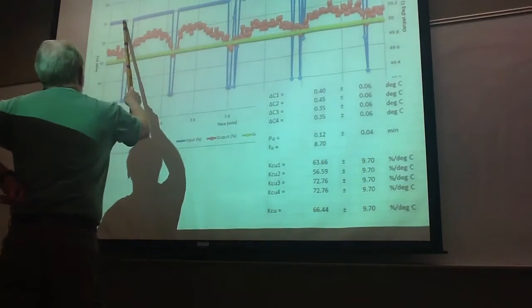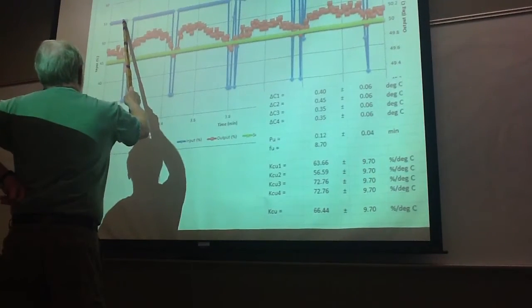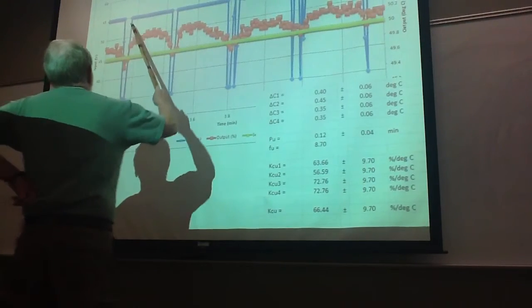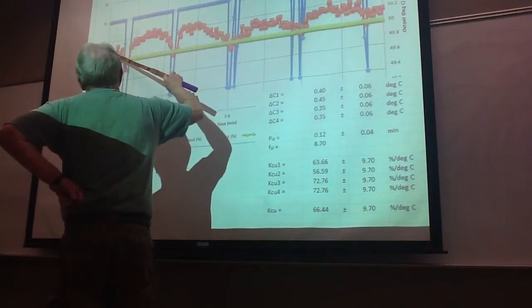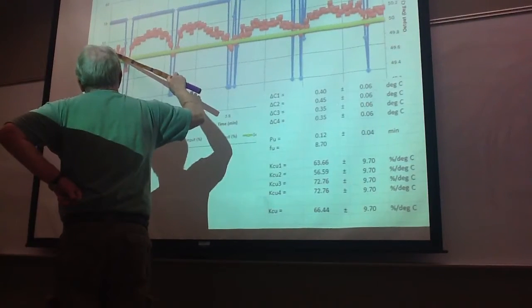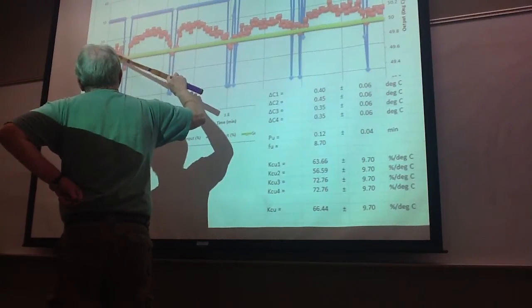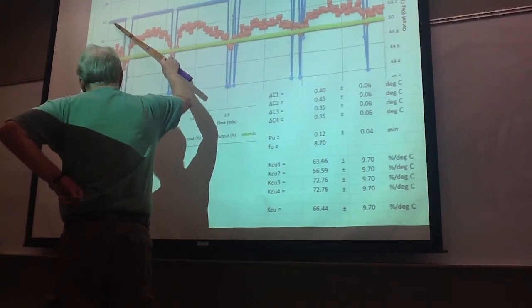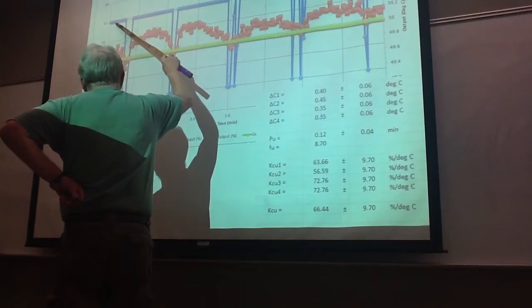This is the input, relay feedback input. This is the output. Here's the set point when the relay feedback is above the set point. The input is at 55.